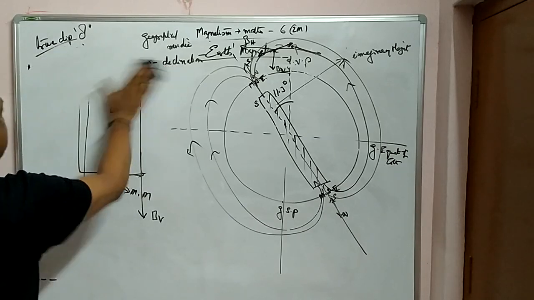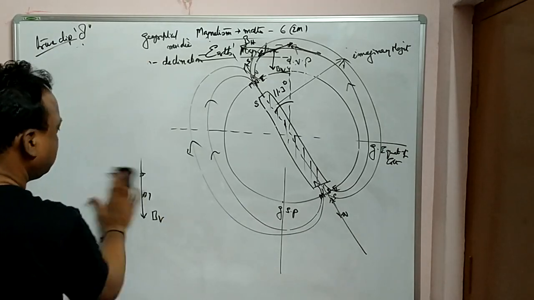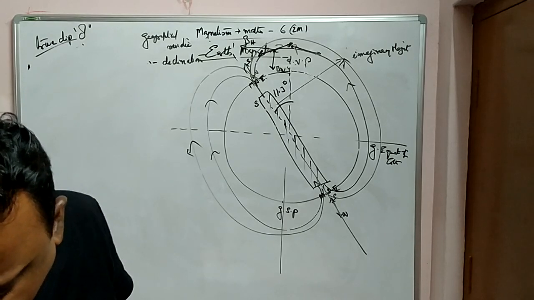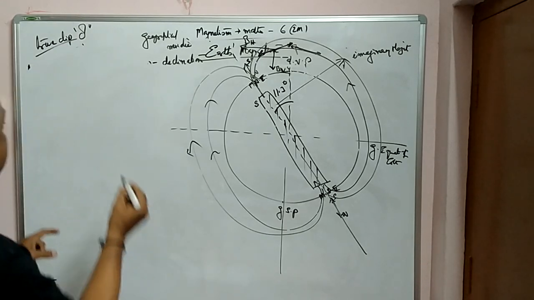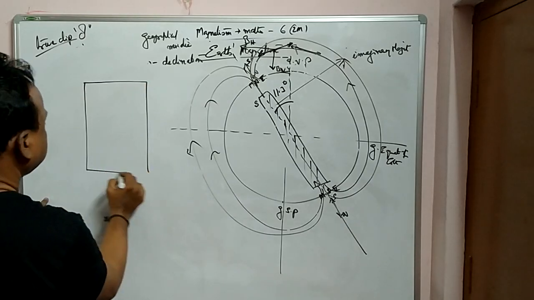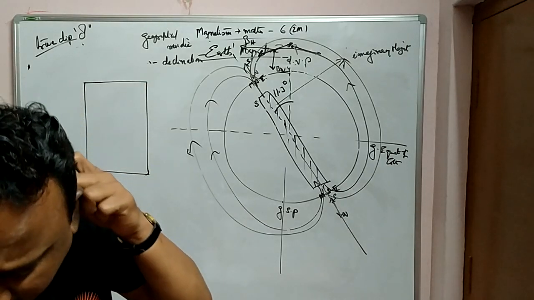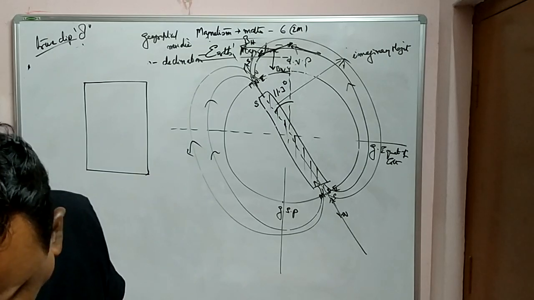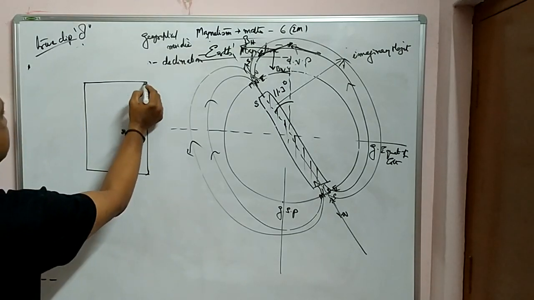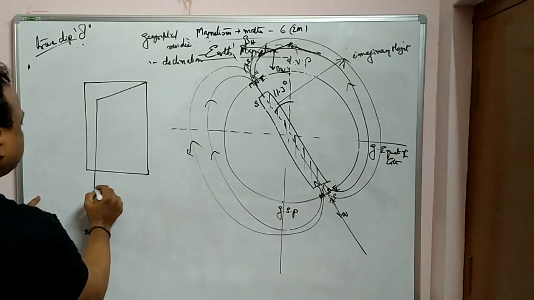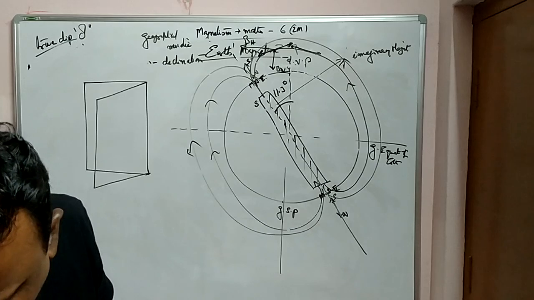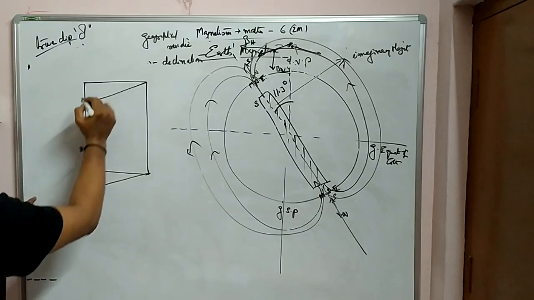Now one more point I'll discuss for you. I told you about true dip, now I'll try to explain apparent dip. Suppose, okay, now let us take this one, see in this figure, this magnetic meridian is here, this is MM.